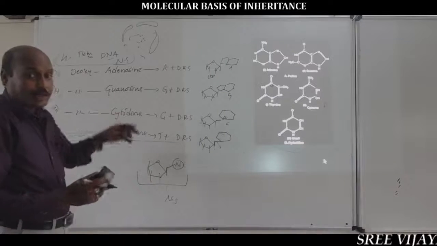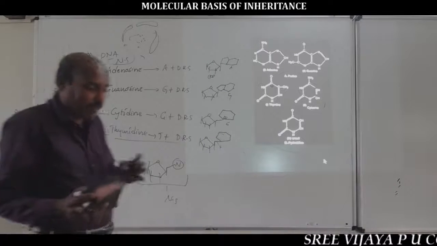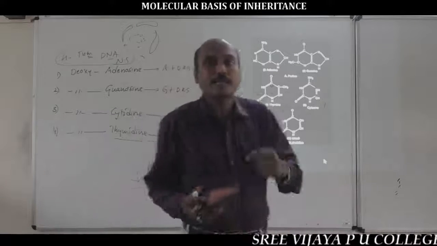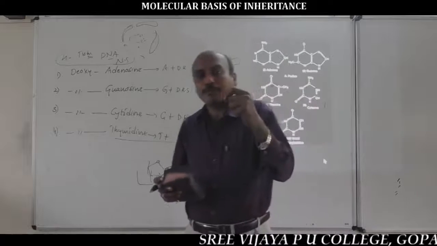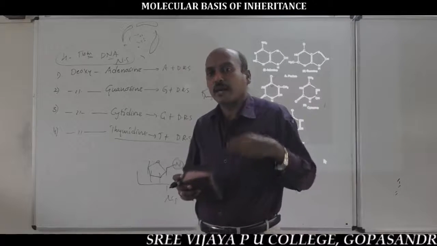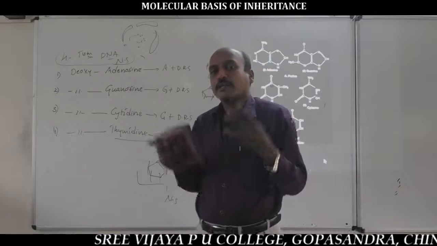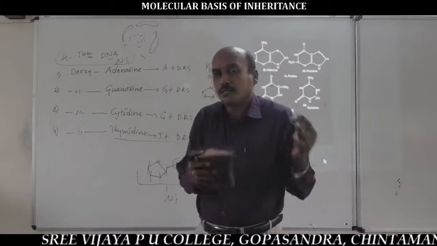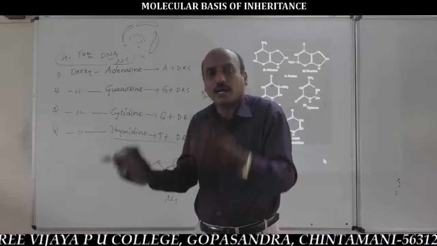And the last organic compound of the nucleic acid is the phosphate group, orthophosphoric acid. What happens to orthophosphoric acid in the nucleoplasm of a cell during the G1 phase of interphase?